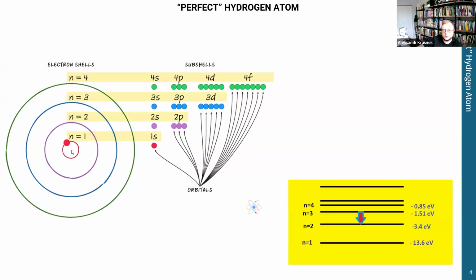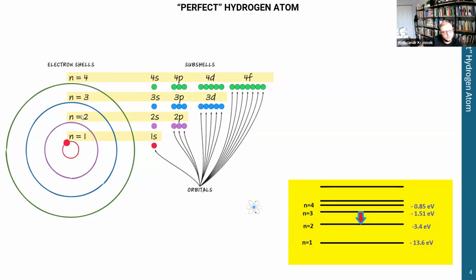We have one proton in the center and one electron that orbits around the nucleus, and the electron can be in any of these shells, the energy states defined by the main quantum number n.